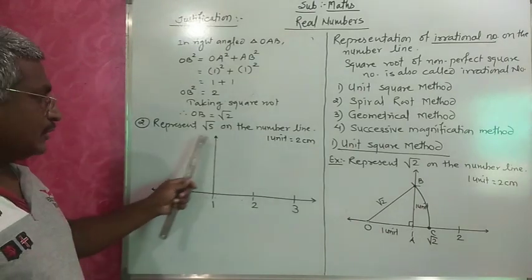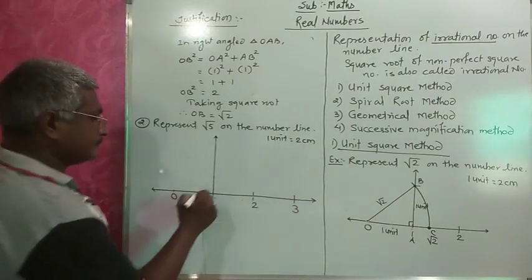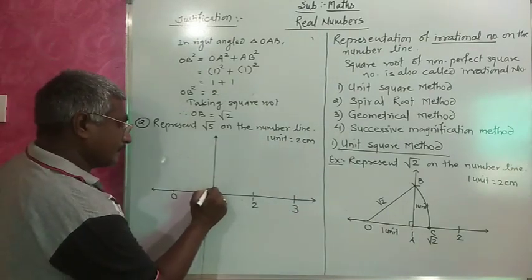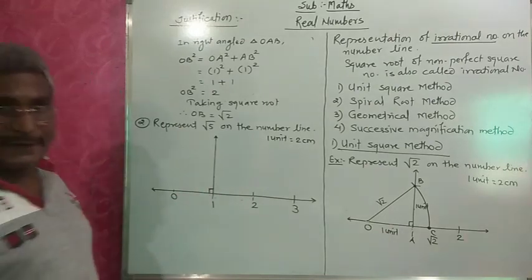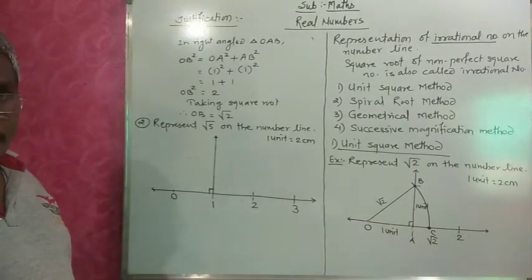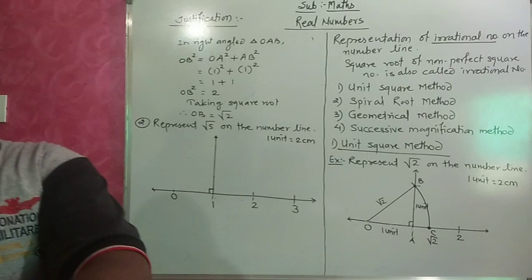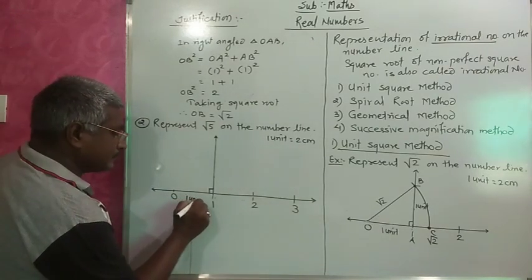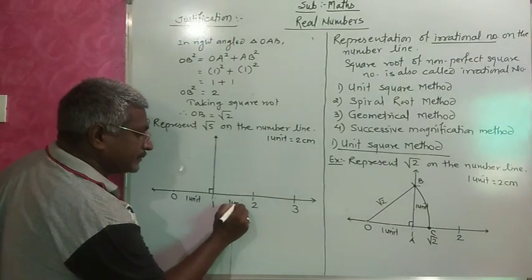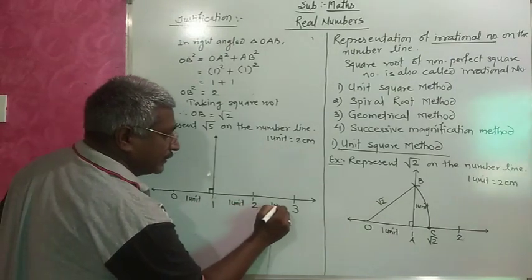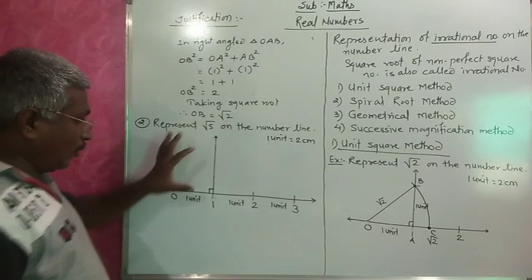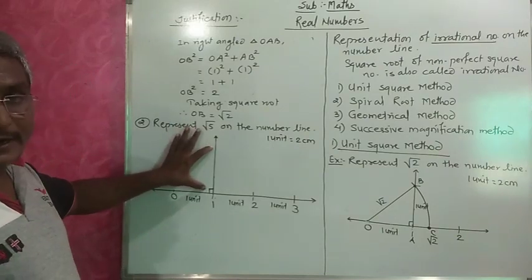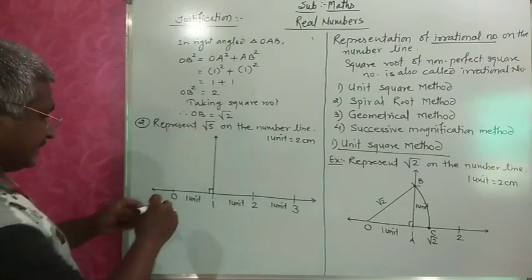It is a ray, so an arrow should be there. This is the 90-degree mark. Understood, student? Now, this distance is 1 unit. Now on this perpendicular also we have to take 1 unit distance.